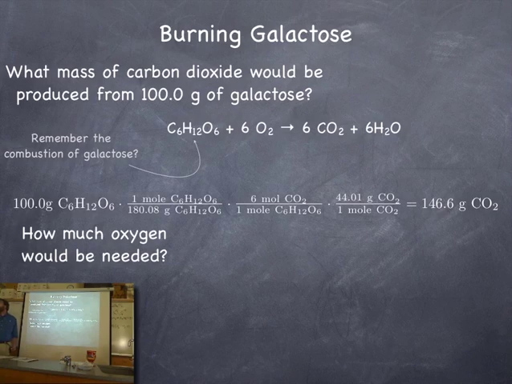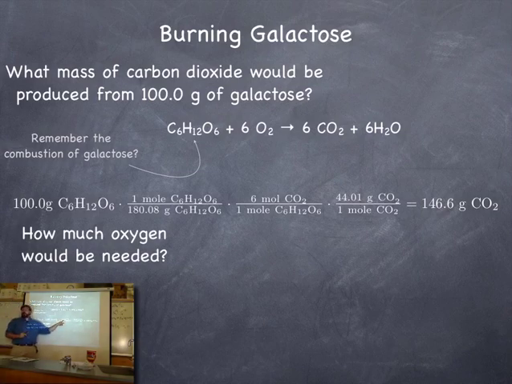So how are we doing? We got it? So what is different? What do we change? What part of this do I have to change? Do I have to change this part? Do I have to change this part? Do I have to change this part?